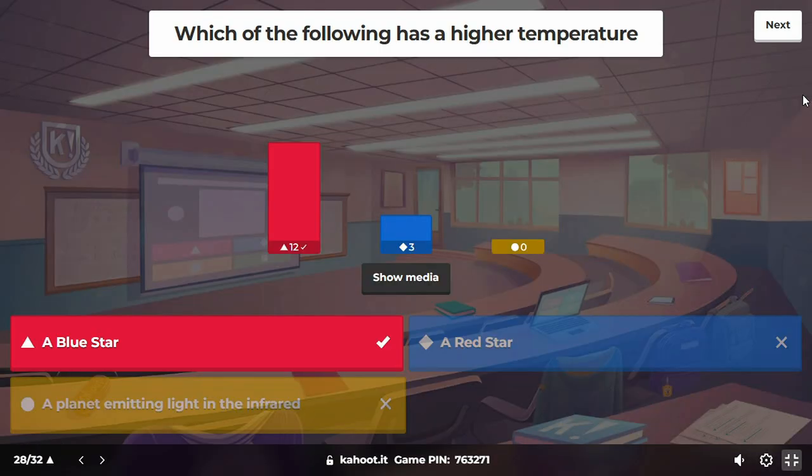Yeah, so between blue and red, if you look at the wavelength for blue, it is a shorter wavelength than the wavelength for red, and so shorter wavelength would imply higher energy, which implies higher temperature. So when we start talking about different types of stars, it'll be the blue stars that are bigger and have the most energy, and red stars are going to be smaller and have lower energy and lower temperatures.